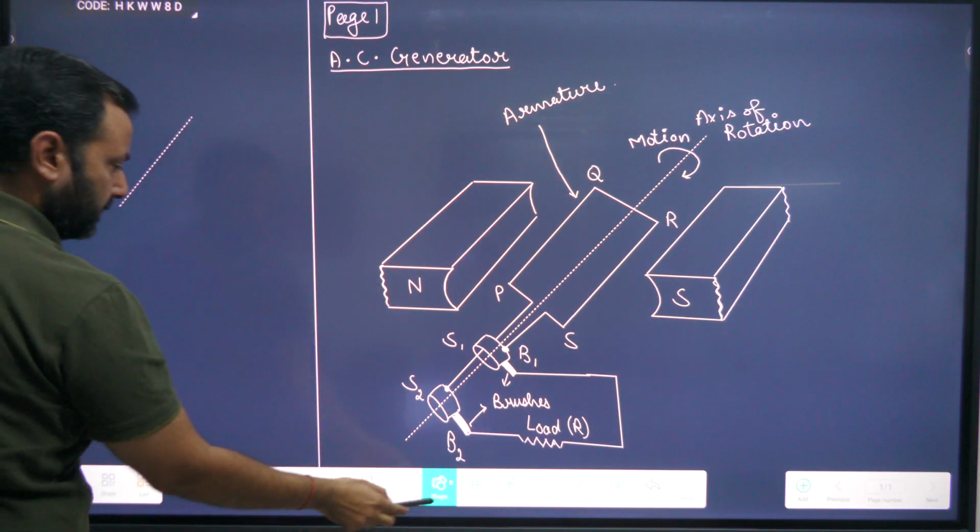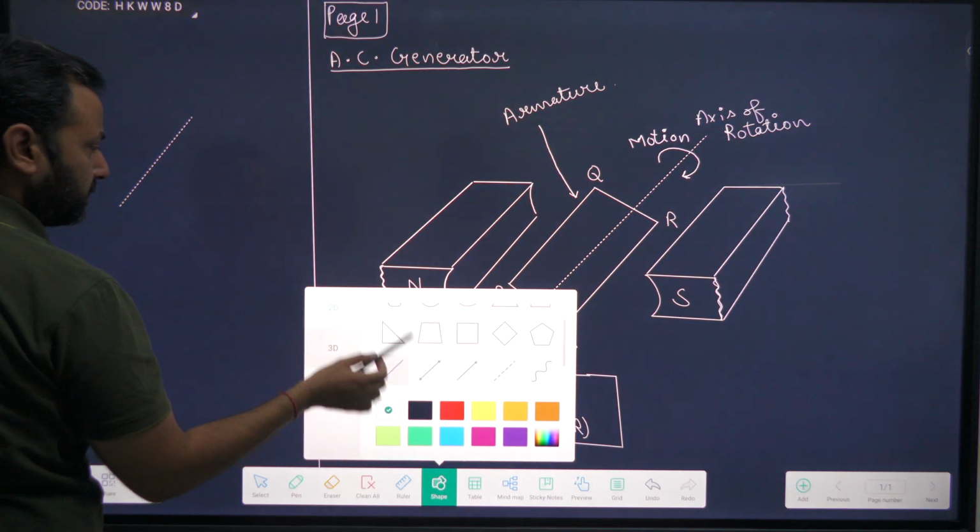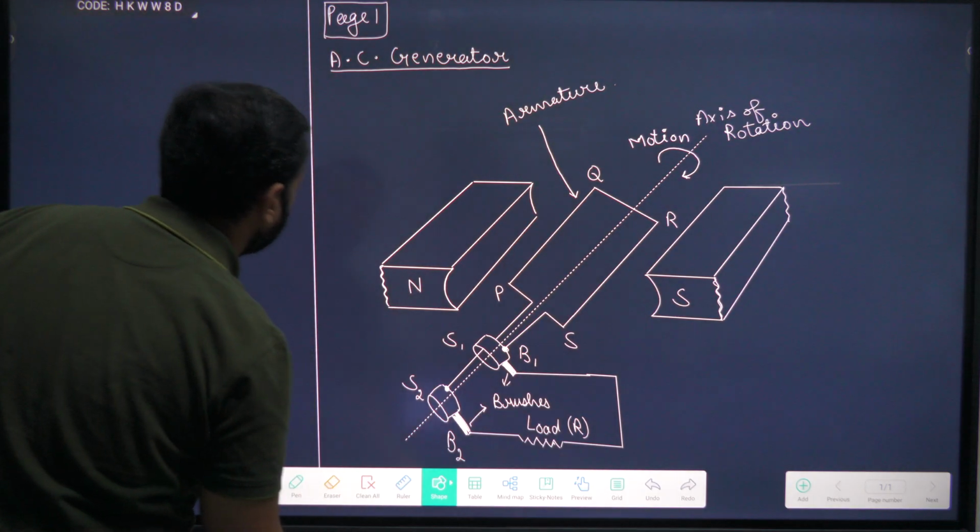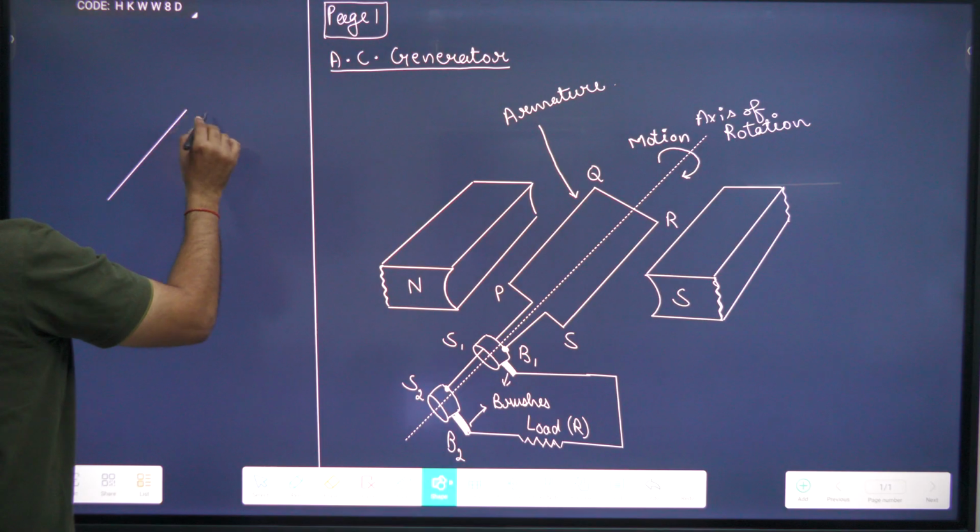I'm drawing a diagram here so that you can understand what's actually happening.